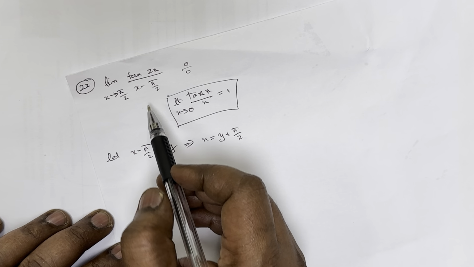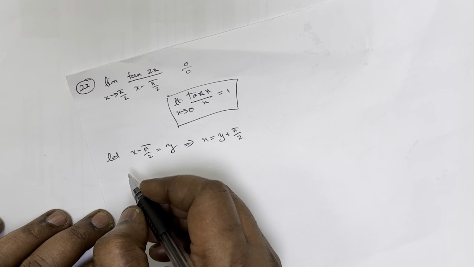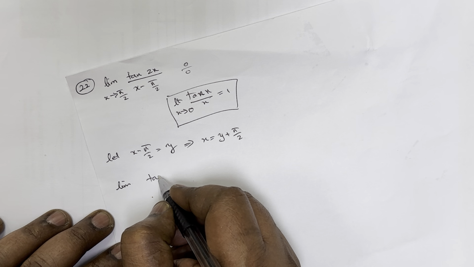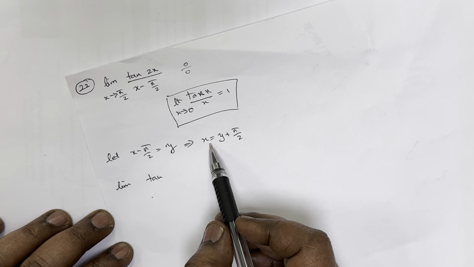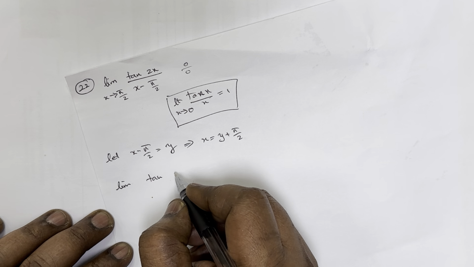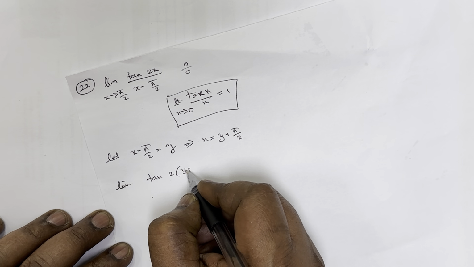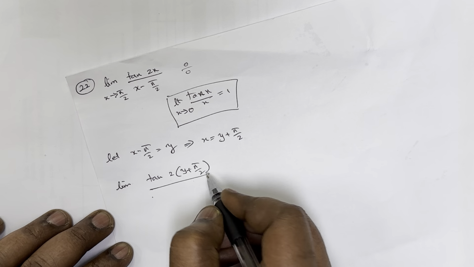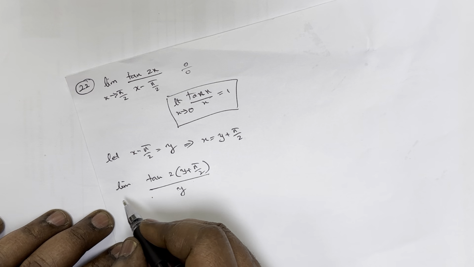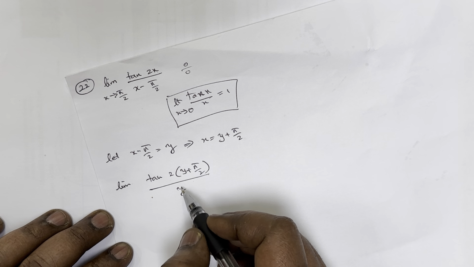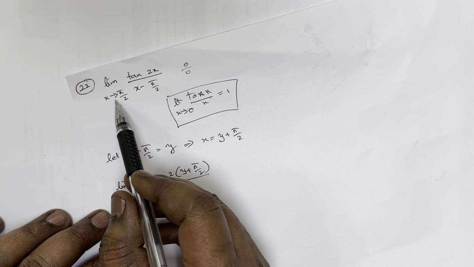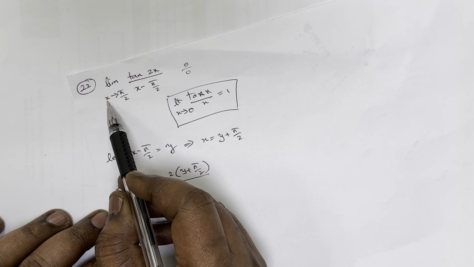Now replacing the denominator and x, we get limit tan, so instead of x we will replace this, because x is equal to y plus pi by 2, so 2 multiplied by y plus pi by 2, all divided by, now x minus pi by 2 can be replaced by y. Now since it's y variable, we have to change the limit also to y.